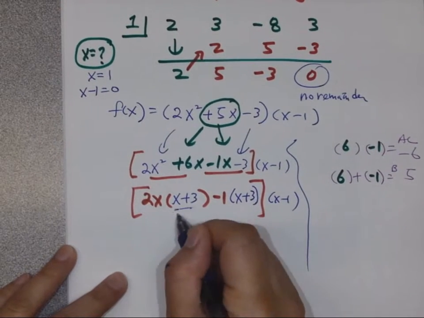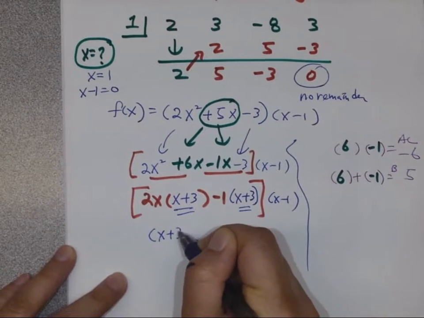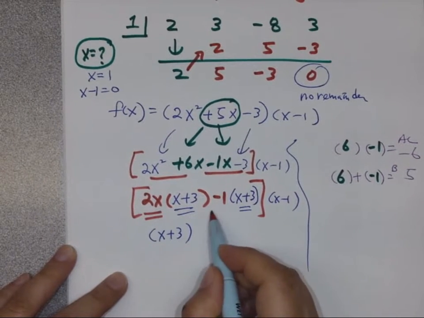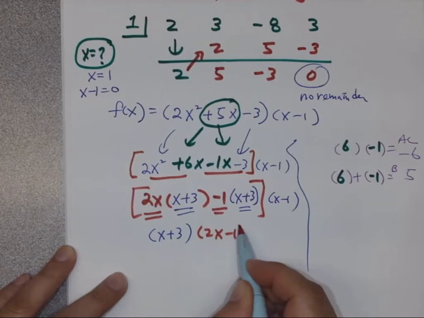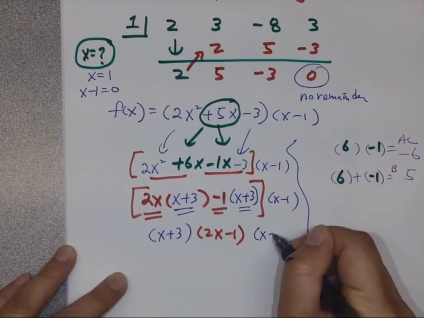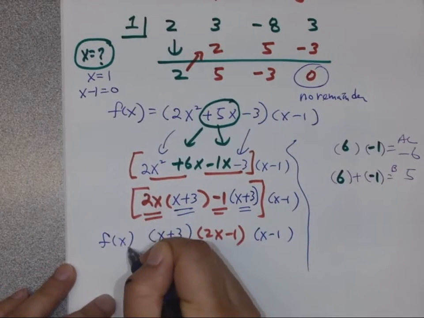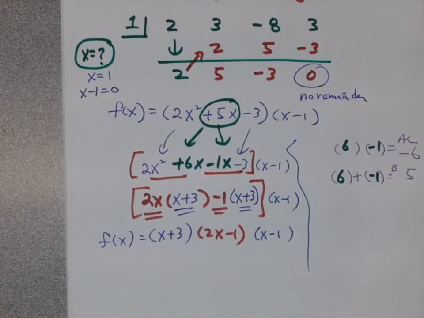Okay, so x plus 3 is a factor, and then we also have 2x minus 1, and then we have an x minus 1 here. This is the function. Okay, so those are your factors, right?